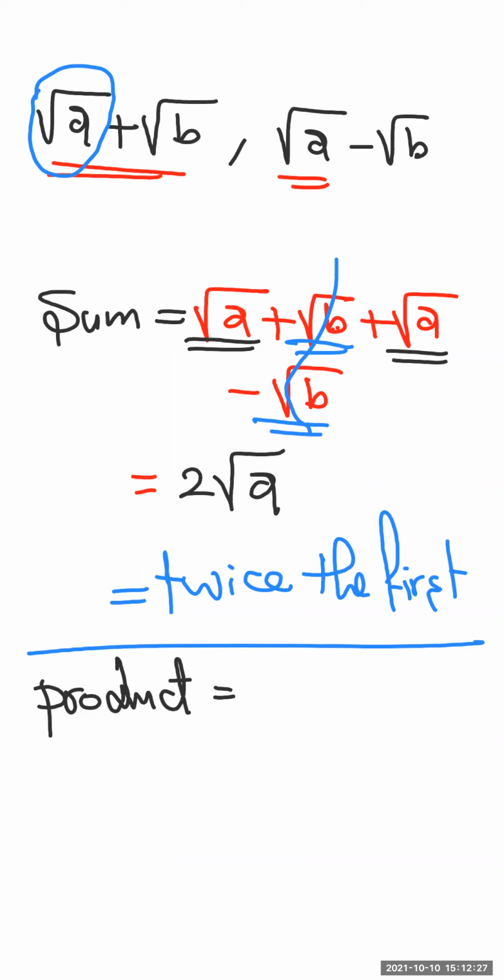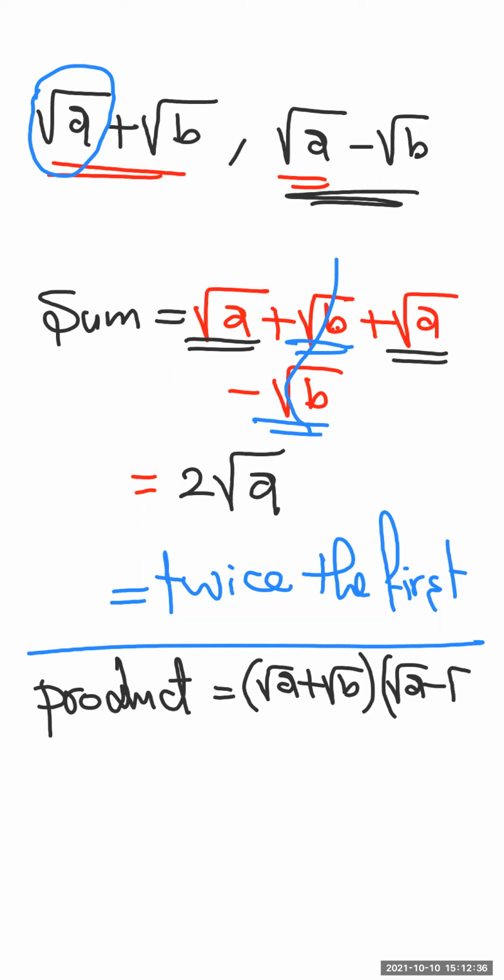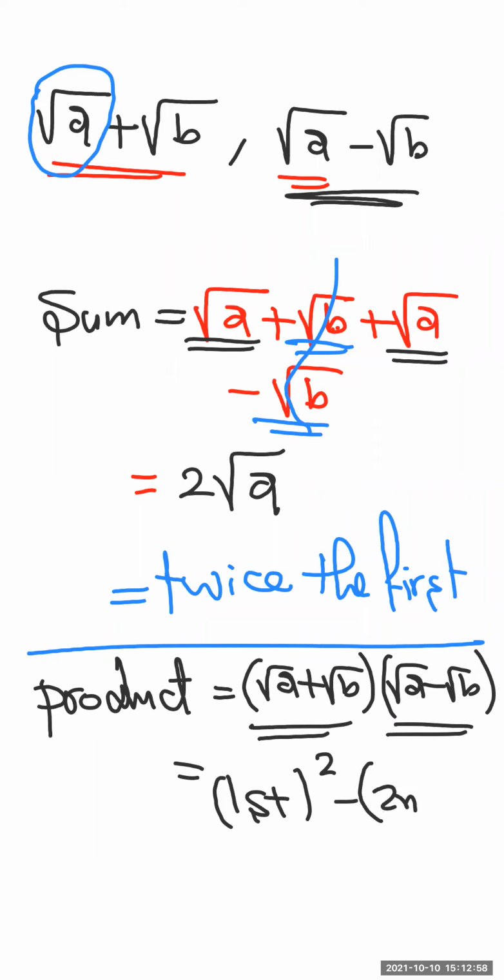It will equal the first one, which is the square root of a plus the square root of b, times the second one, square root of a minus the square root of b. Here, two brackets with the same elements, and the difference is in the middle sign. So do you still remember x plus y times x minus y? It's exactly the same. This means the first to the power 2 minus the second to the power 2.